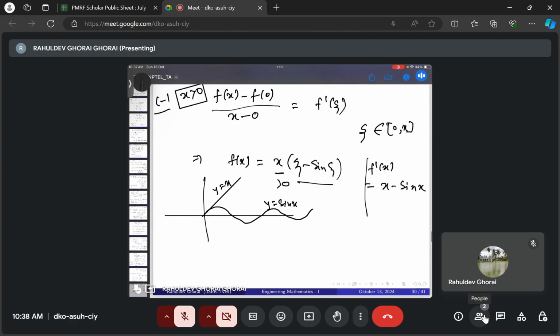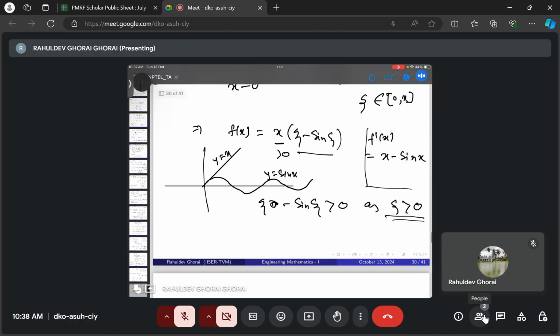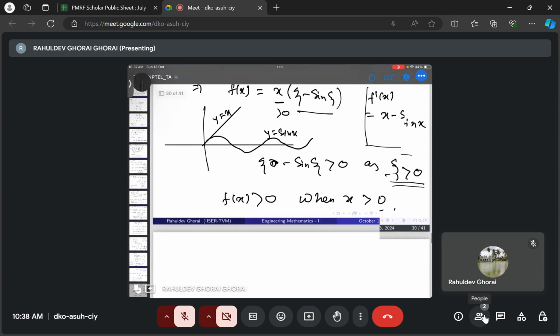So xi minus sin xi is greater than 0, as xi belongs to the interval (0, x), so xi has to be strictly greater than 0. Thus you can show that f(x) is greater than 0 when x is greater than 0.